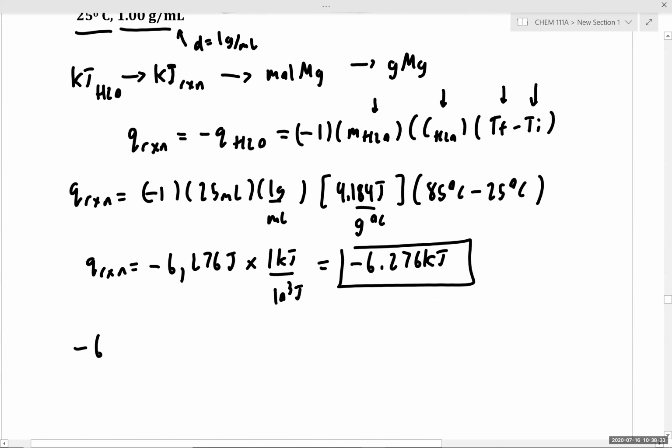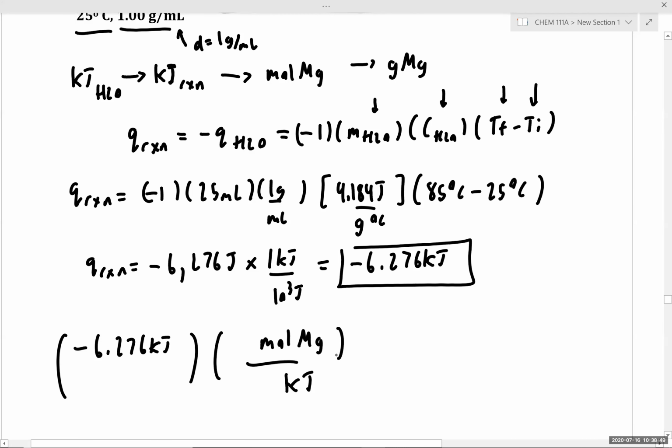Okay, so starting with 6.276 kilojoules, we are now going to try to convert this into the moles of magnesium that react. So how many moles of magnesium react and how many kilojoules of energy are produced?